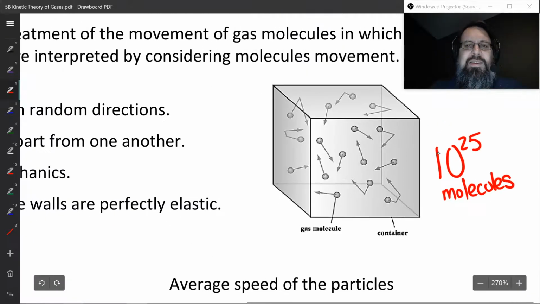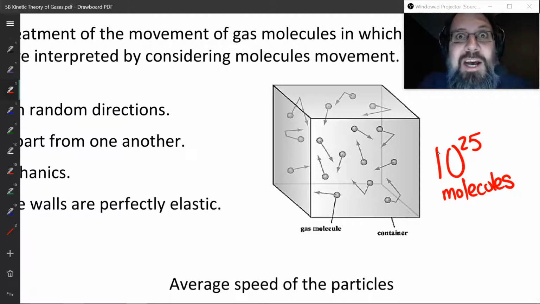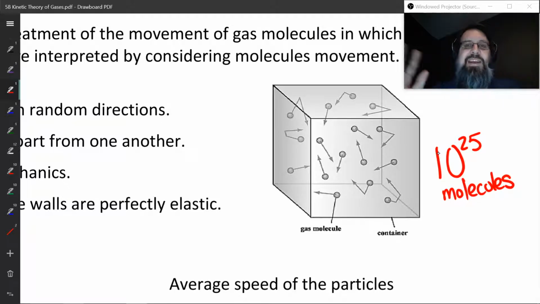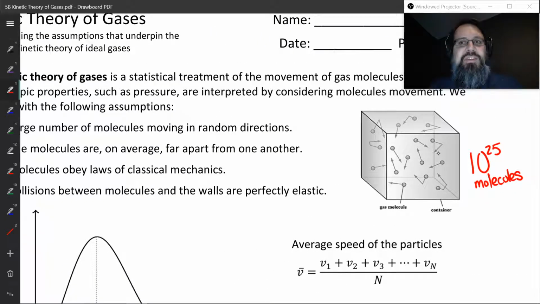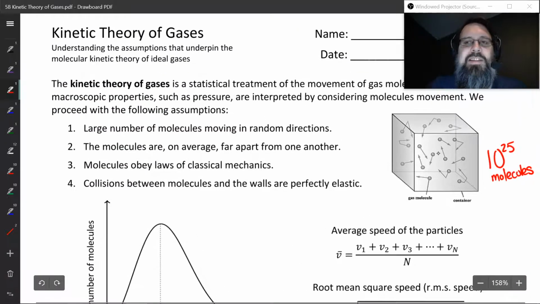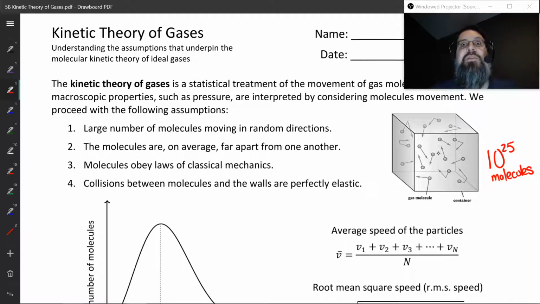You're looking at more molecules than you can possibly calculate. No computer exists that can do this calculation. So we have to treat things as statistical averages. We have to do a few tricks, but the mathematics can handle it. We'll just realize that we have to make some assumptions because we're not going to be able to solve this perfectly. So there are four assumptions that we make with the kinetic theory of gases.